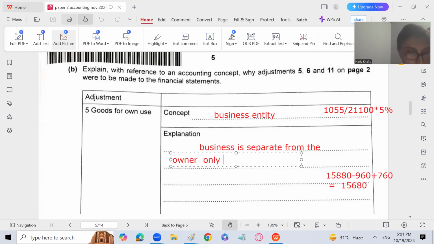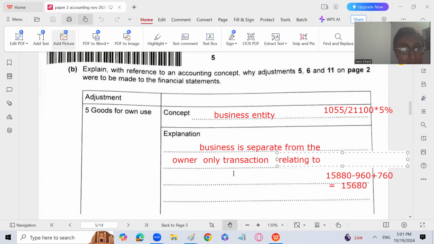Only transactions relating to the business are recorded in the business books.